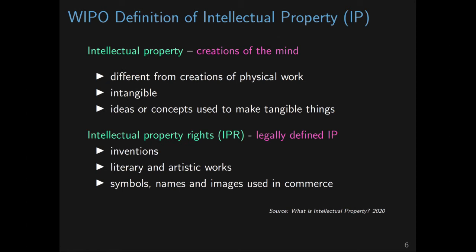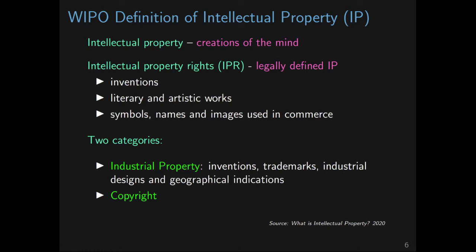There are three broad classes of intellectual property rights. These are rights that are legally defined, and we say that IPR are statutory defined intellectual property. The first of these are the inventions, and then we have the literary and the artistic works, and then the so-called marks or images used in commerce.